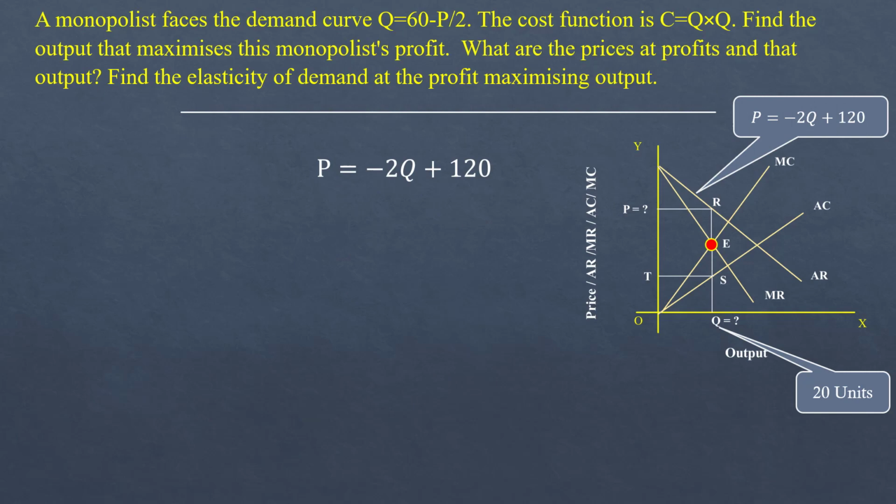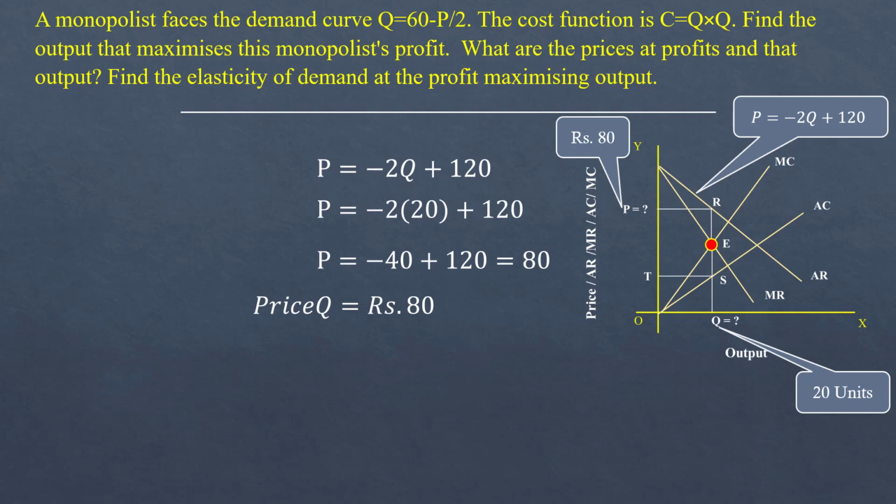To find the price, substitute Q equal to 20 in the average revenue function. P equal to minus 2Q plus 120. Minus 2 times 20 plus 120, minus 40 plus 120 equal to 80.